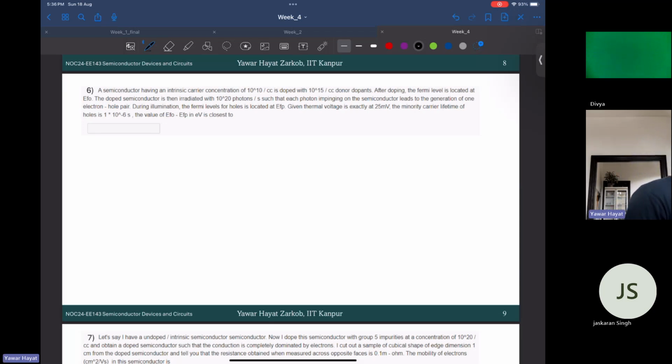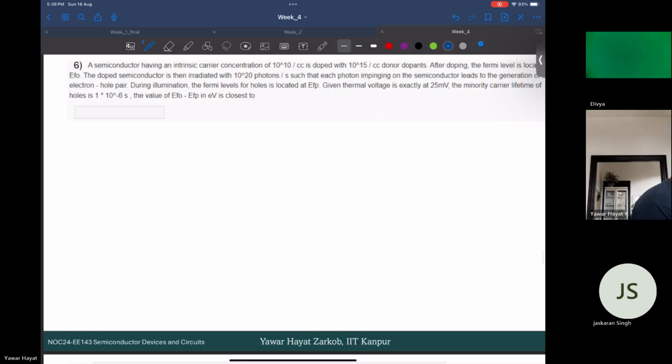It is simple. How will I approach this question? See, your Ni is 10 to the power 10 per centimeter cube. Your Nd is 10 to the power 15 per centimeter cube. So therefore your P, that is Ni square by Nd, would be equal to 10 to the power 5 per centimeter cube. See, let me make a diagram here.